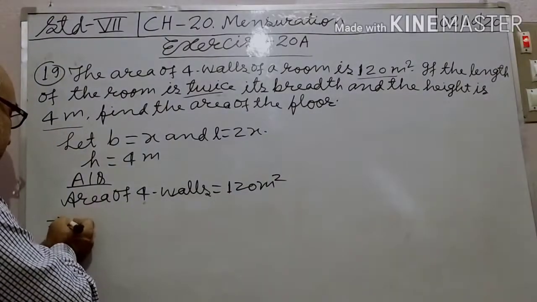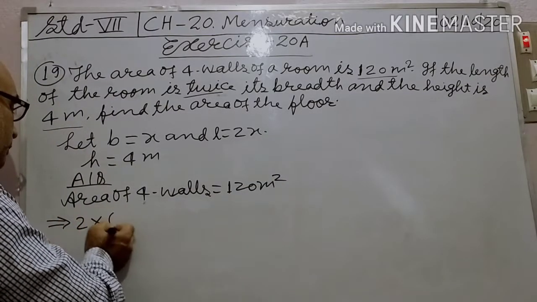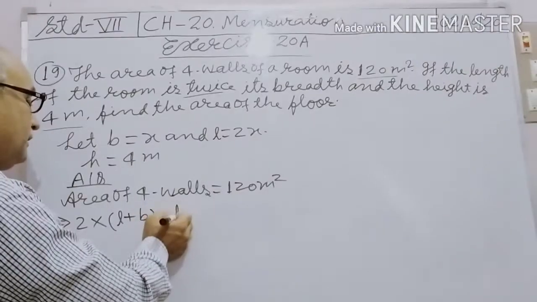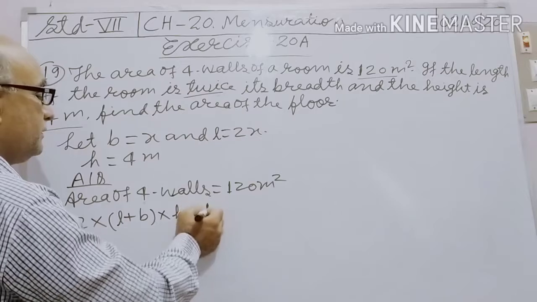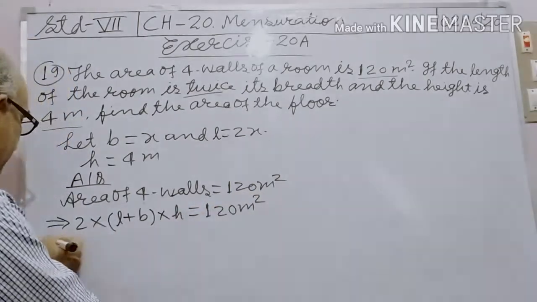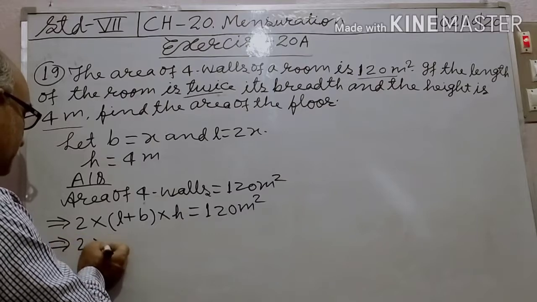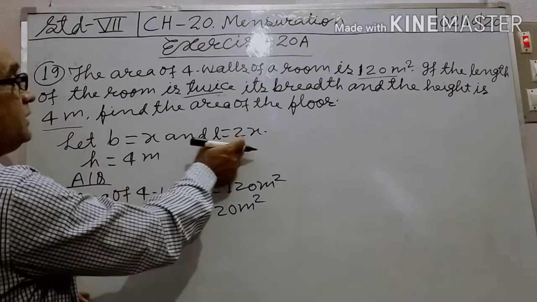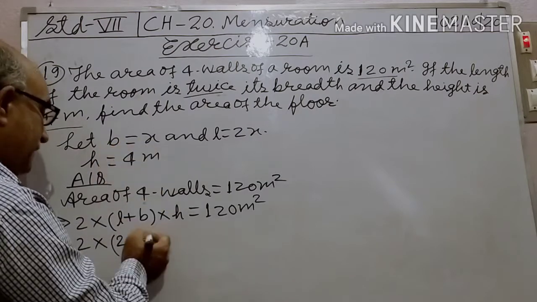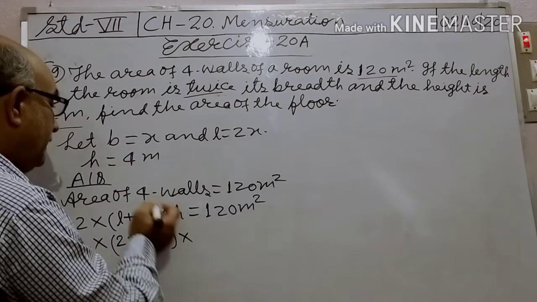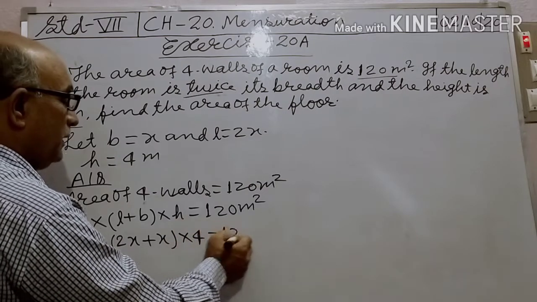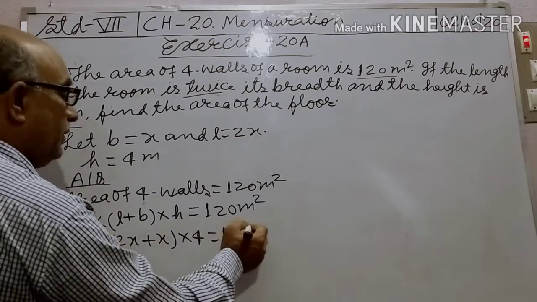That implies 2 into L plus B into H equal to 120 meter square. Next step is 2 into length 2x plus breadth x into height 4 meter equal to 120 meter square.